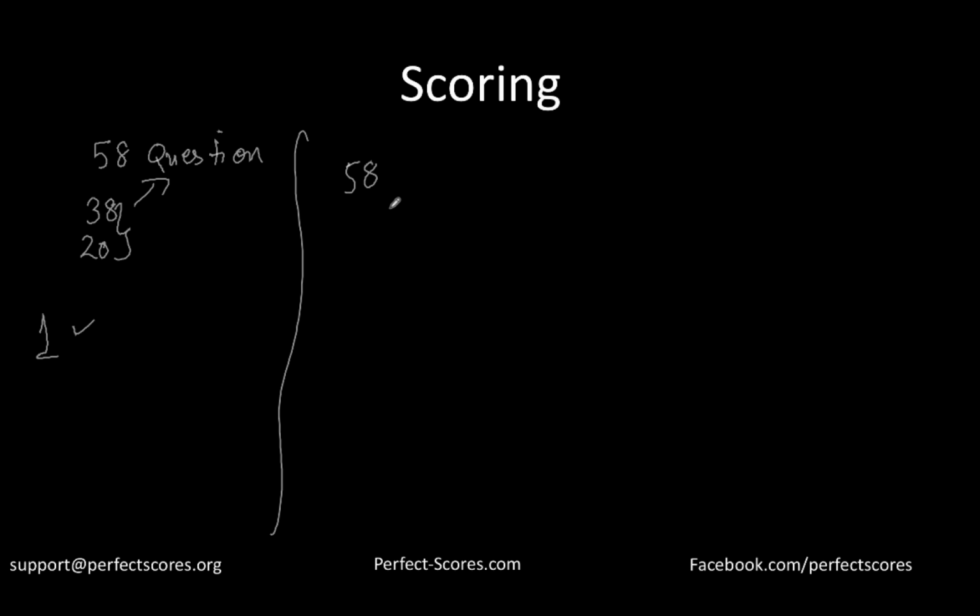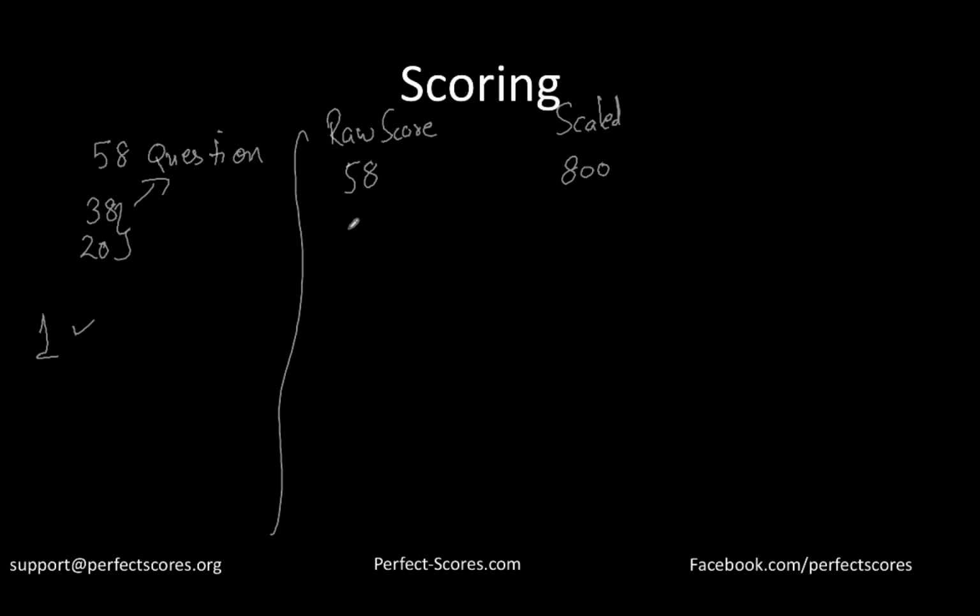So let's suppose you get all 58 questions right. Well, that's a nice feat to achieve. You get a raw score of 58, and that would give you a scaled score of 800. So you get an 800 if you score 58.